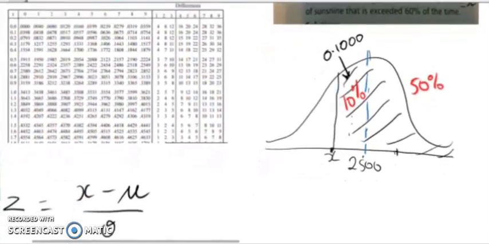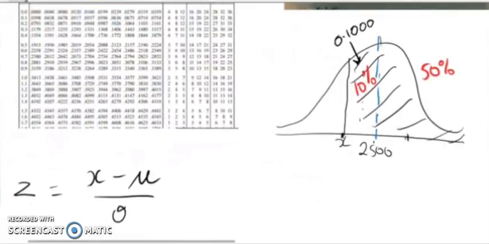Remembering that our table here gives us the probability between the mean and that z-score. So that 0.1, and here are our probabilities in here. They're all 4 decimal places, so I'm going to turn this into 4 decimal places. And we're going to try to find a z-score that matches that probability, because we'll have a quick look at the formula.